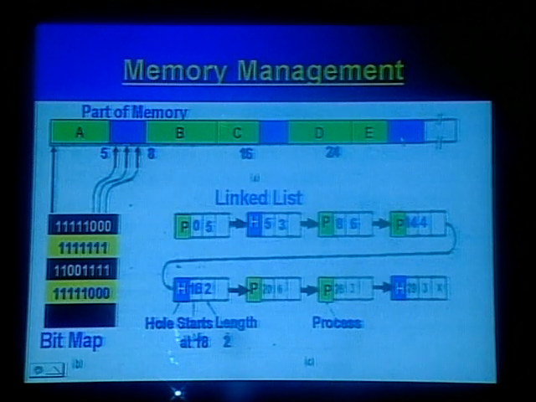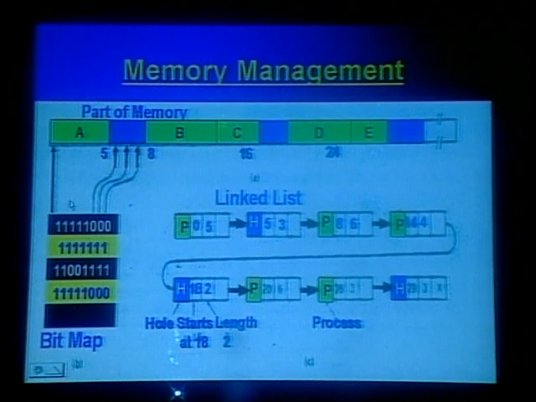And how we keep track of these used units and empty units of the memory is with the bitmap. We see this is the bitmap for this part of the memory. The first 5 units are being used, and in the bitmap we have 1, 1, 1, 1, 1. It means these 5 allocation units are being utilized by process A. Then 0, 0, 0, these next 3 units are empty.